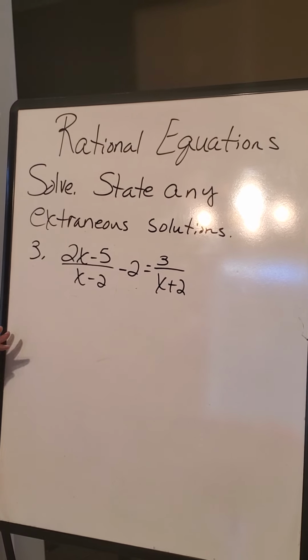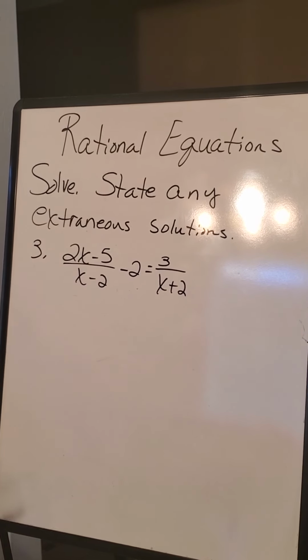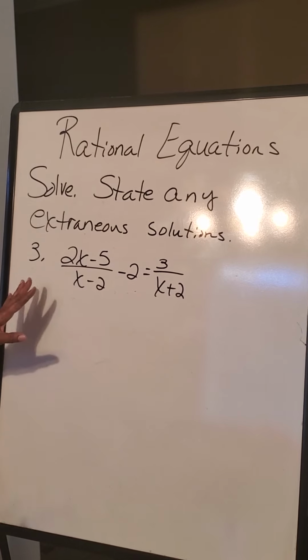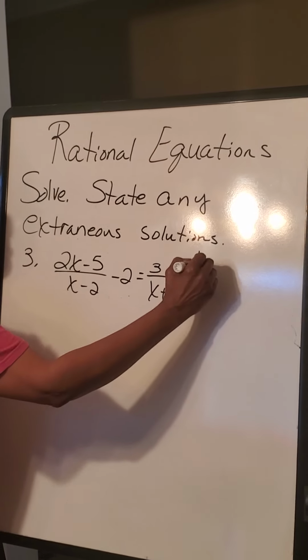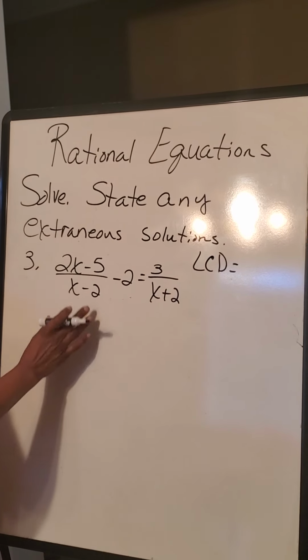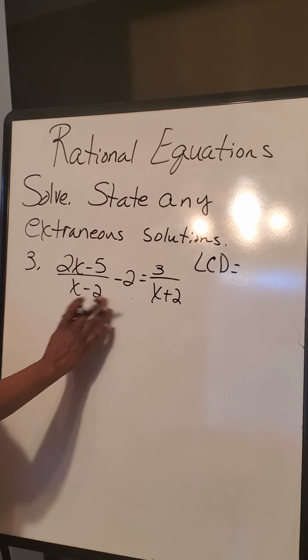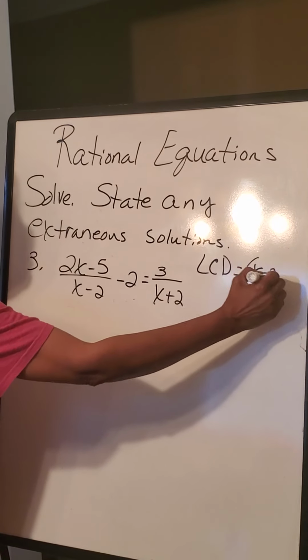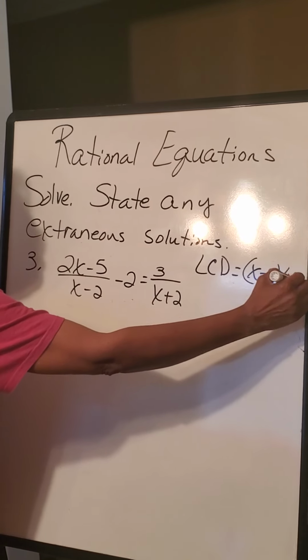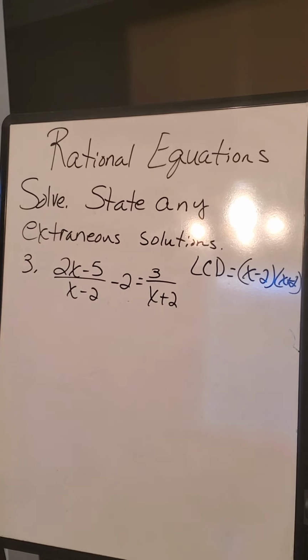So if I find the LCD for this entire problem and multiply everything by the LCD, I won't have fractions anymore. So my least common denominator for this problem, the only two factors I have in the denominators are x minus 2 and x plus 2. They don't have anything in common, so that is my least common denominator.